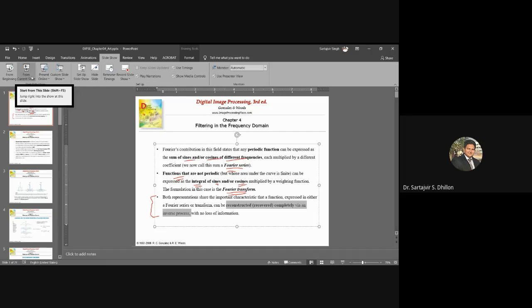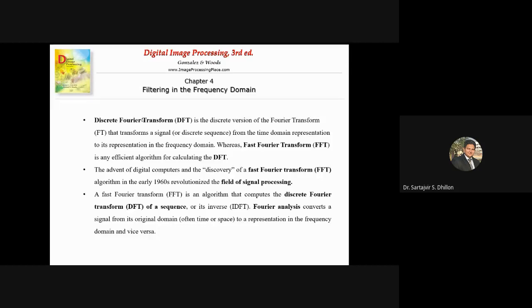loss of information. And the discrete Fourier transformation is a discrete version of the Fourier transform that transforms a signal or a discrete sequence from the time domain representation to its representation in the frequency domain.